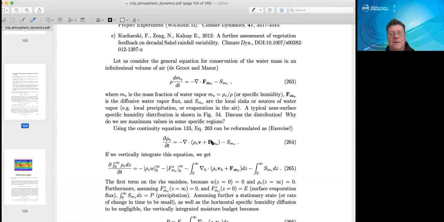So the way forward is to derive from this equation here, which is written for the specific humidity, another equation which is written for the partial water vapor density. And that is a very simple calculation that you can do as an exercise by using the full continuity equation.